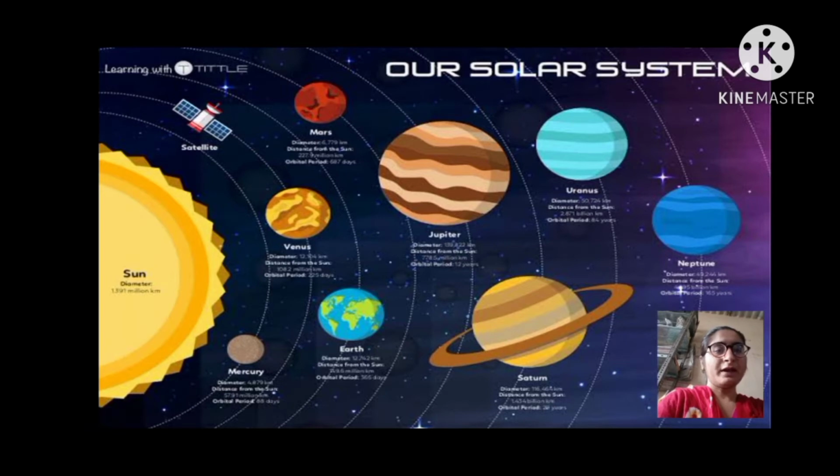So, it is called our solar system. Now, I will ask some questions on that. What is solar energy? Yes, solar energy means the energy from the sun. What is the meaning of solar? Yes, solar means from the sun.